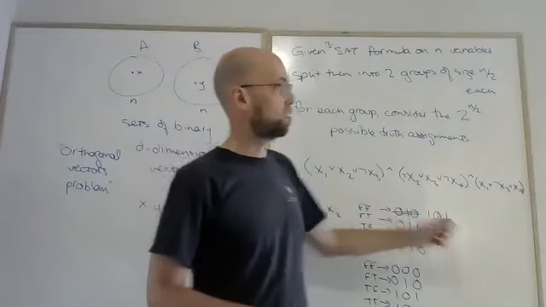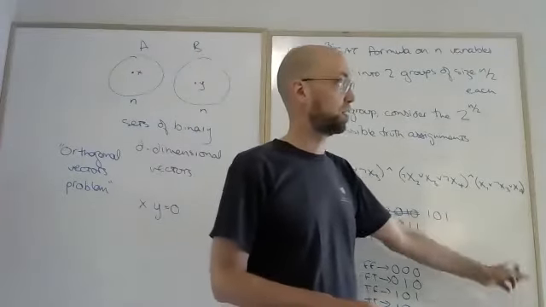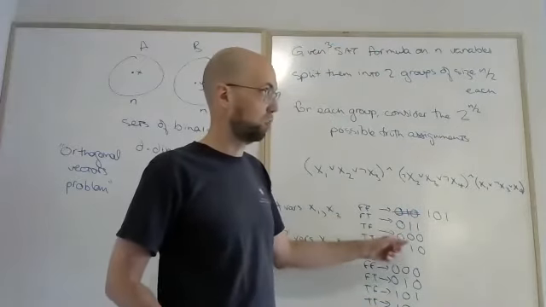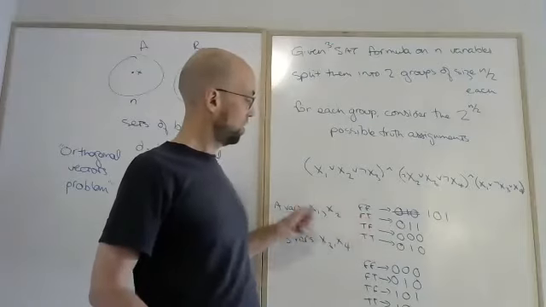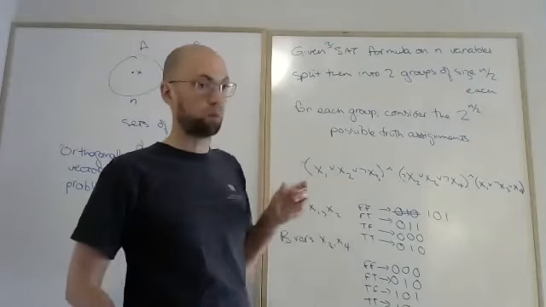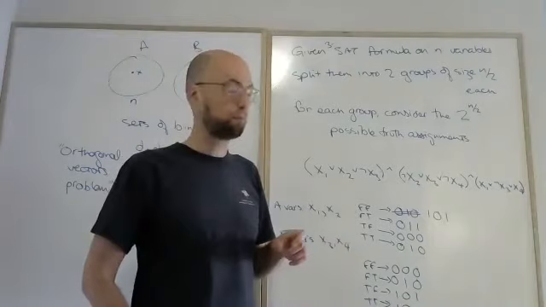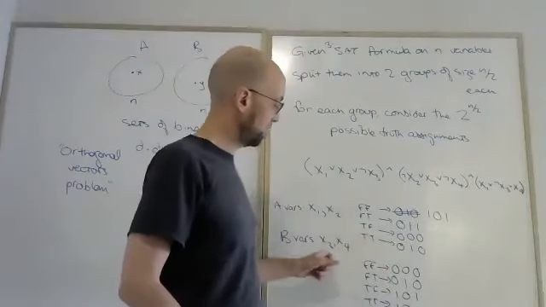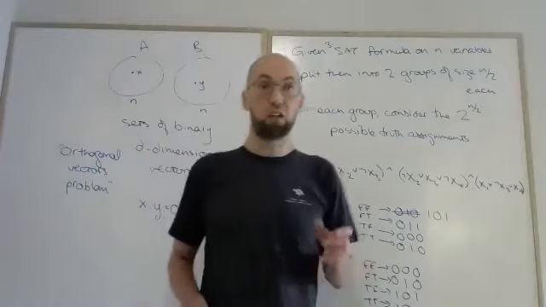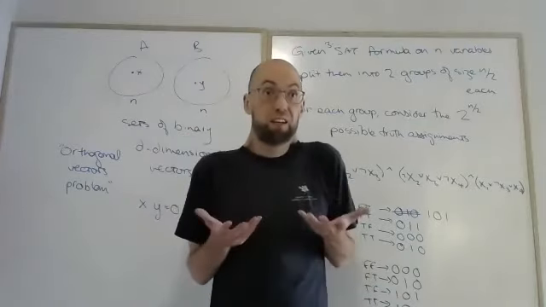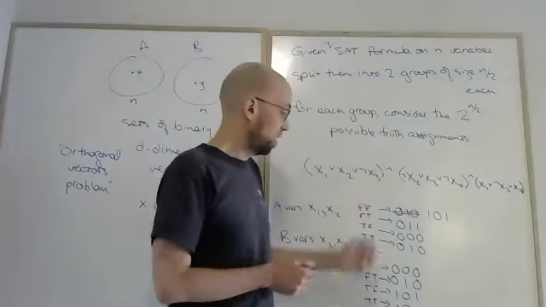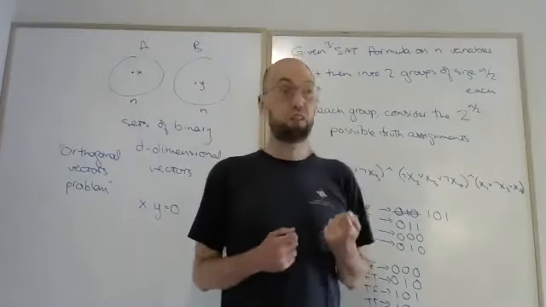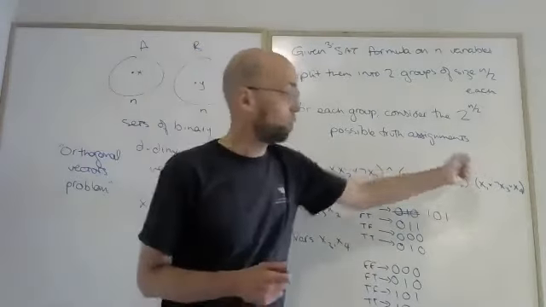So if the ith bit of the dot product is a 0, it means either the ith bit in here was a 0, meaning that the truth assignment to these variables was satisfying that clause, or the ith bit in here was a 0, meaning that these variables were satisfying that clause. So if there is a vector in here and a vector in here such that their dot product is 0, then it means that my formula is satisfiable.